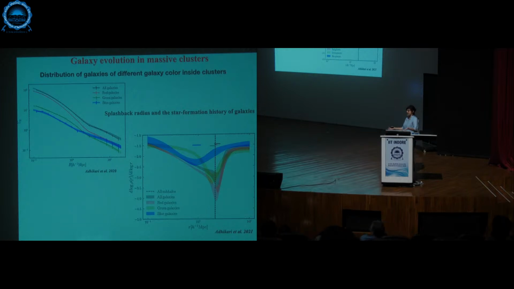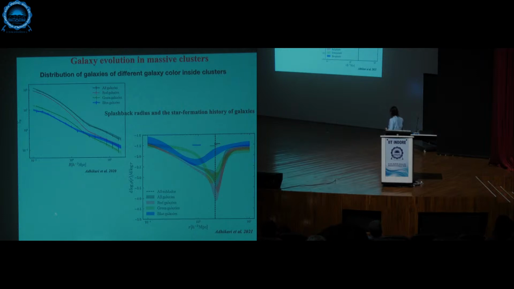So we have massive cluster halos and we have galaxies orbiting within them. And what happens to this feature if we split these galaxies based on their colors, which we expect trace the star formation rate of these galaxies? So essentially, to study how galaxies evolve in these dense clustered environments.